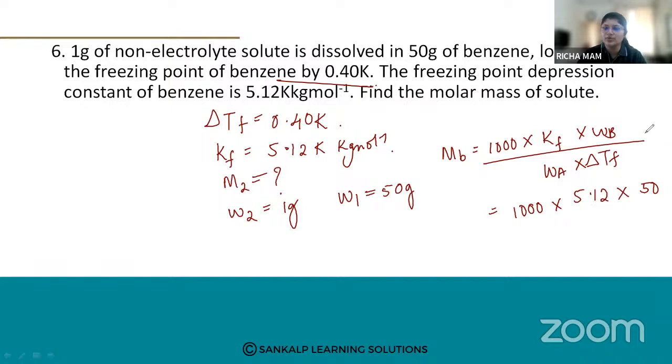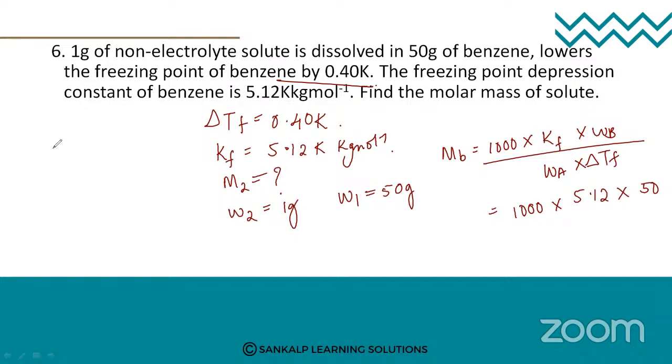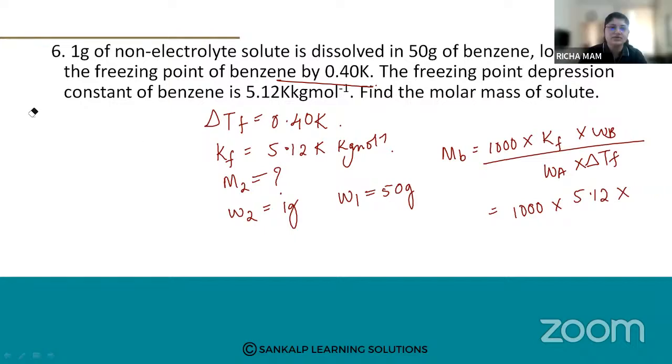Oh, 50? From 1, ma'am. WB is the weight of the solute, so it is 1. This is not 50, this is 1, because WB is your solute. The value WA is 50 into delta TF is 0.40 Kelvin.